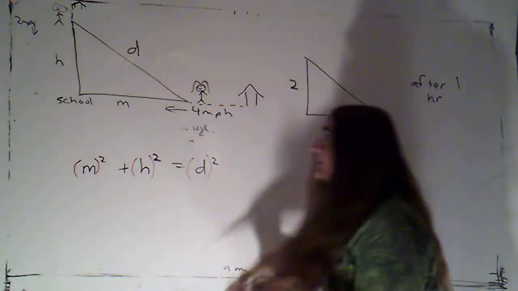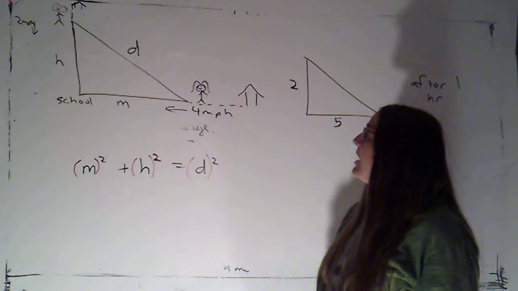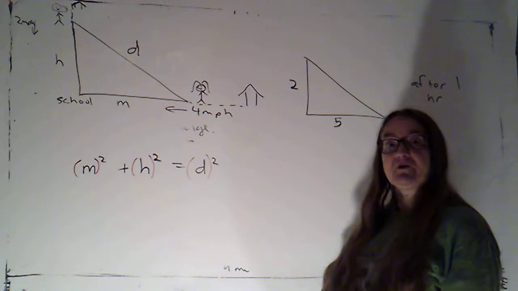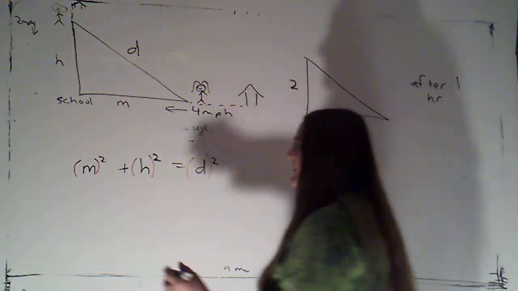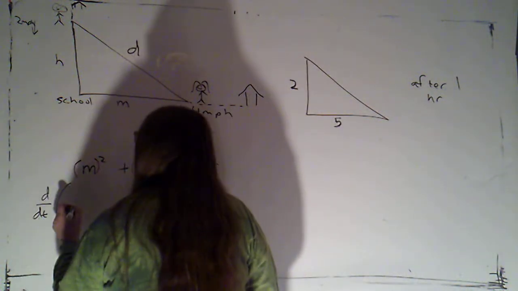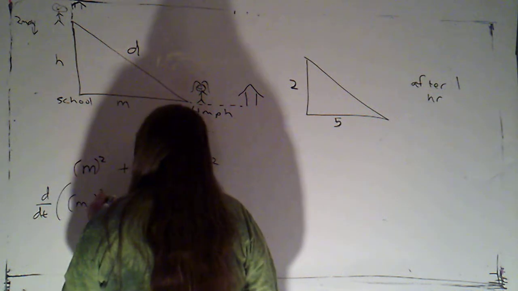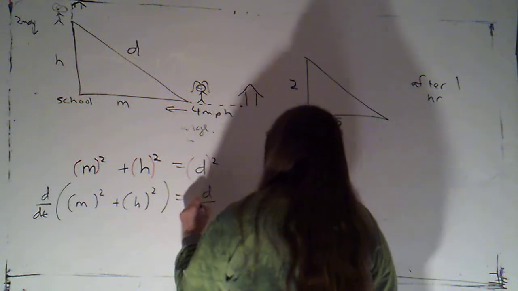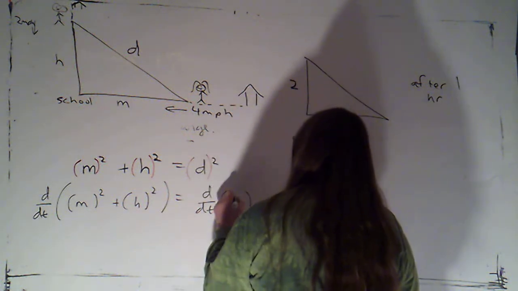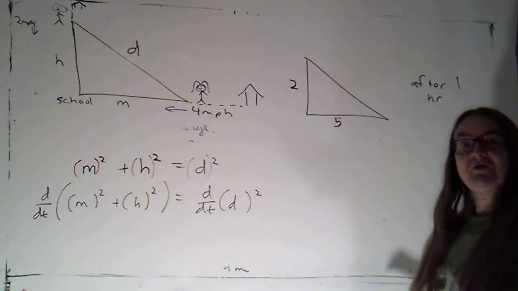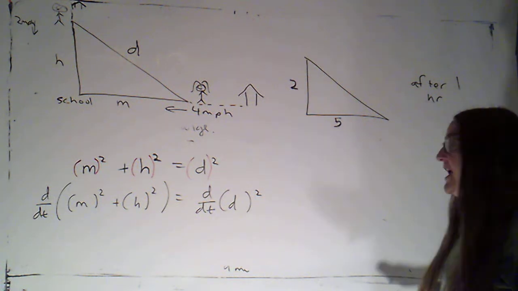So, since this is all about how a relationship between the functions induces a relationship between their derivatives, let's take the derivative of both sides. So the derivative with respect to time of m squared plus h squared will equal the derivative with respect to time of d squared. So we're just using implicit differentiation.